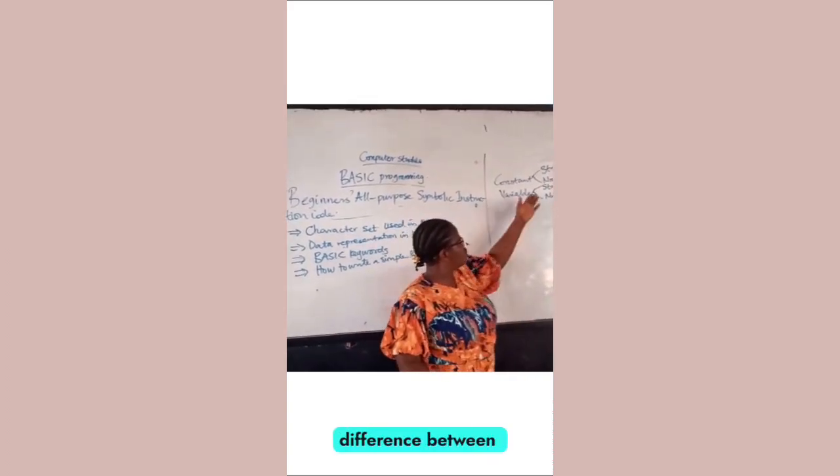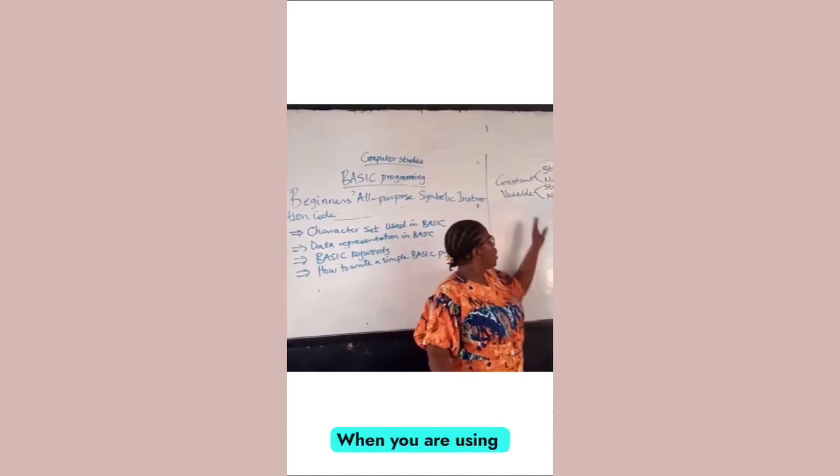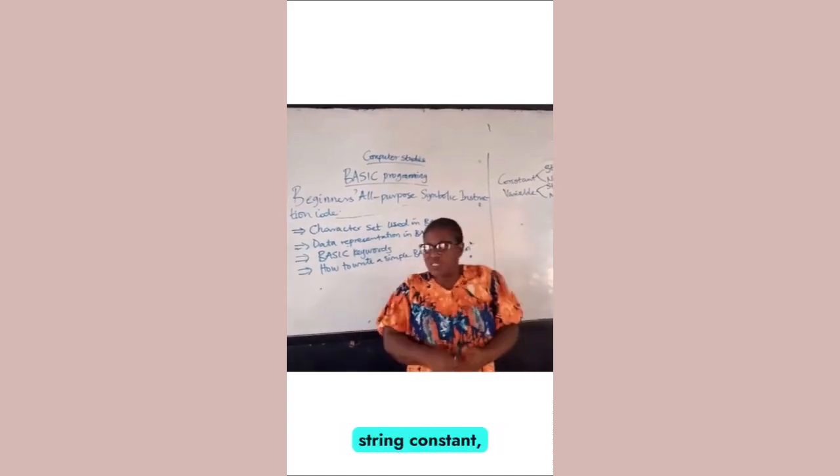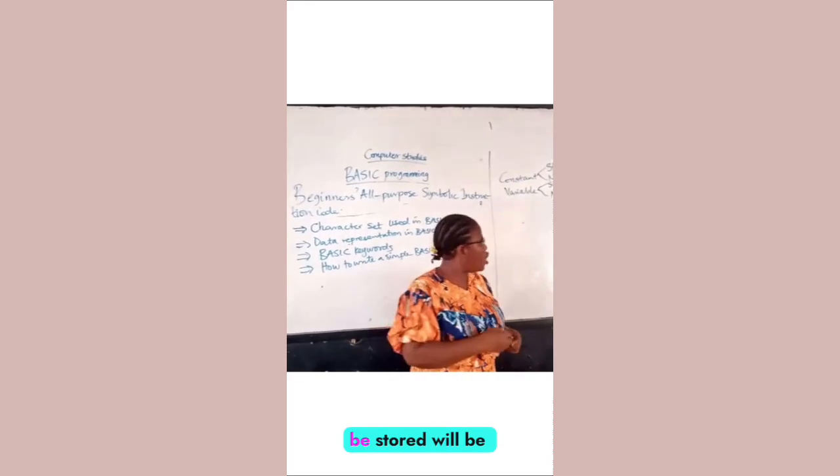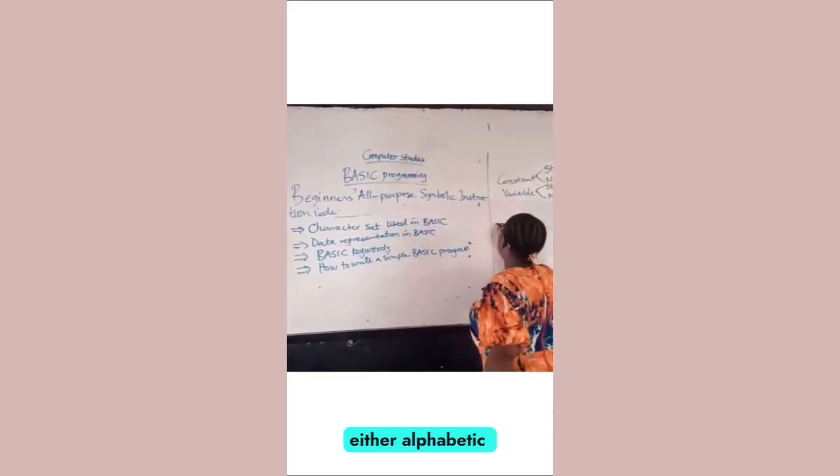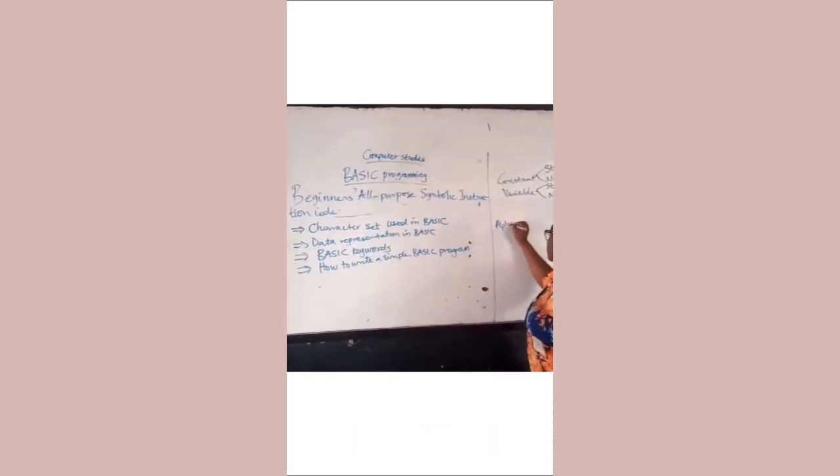Now, what's the difference between the string and the numeric? When you are using string variable or string constant, the values that will be stored will be either alphabetic data or alphanumeric data.